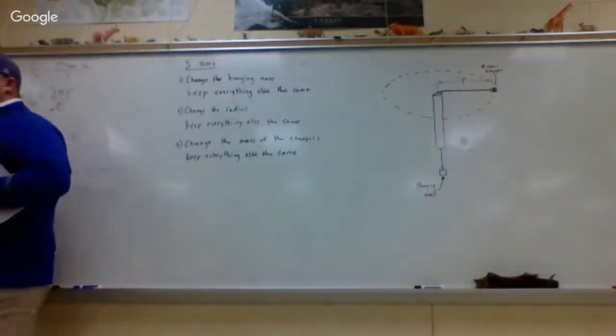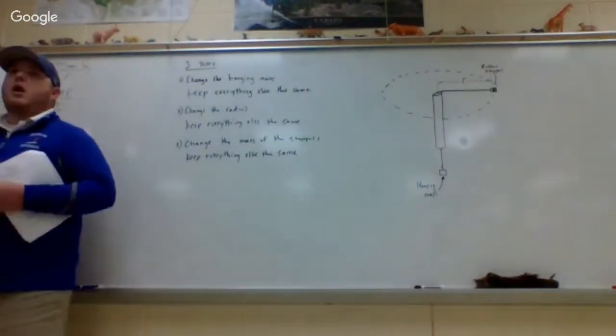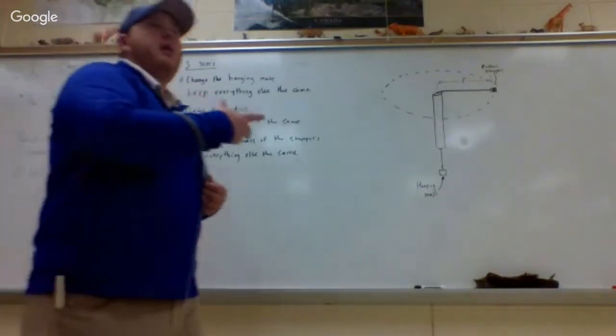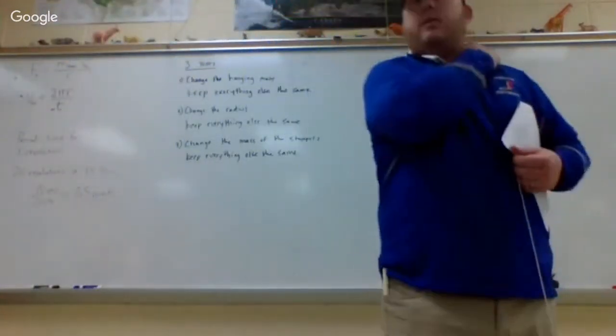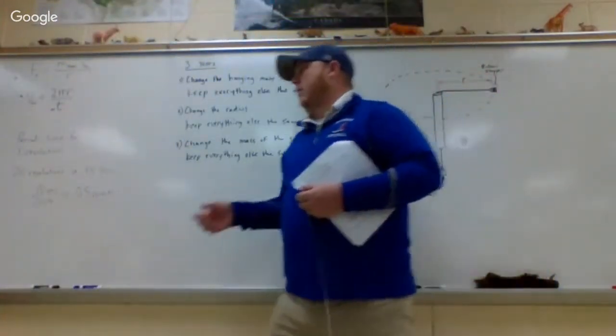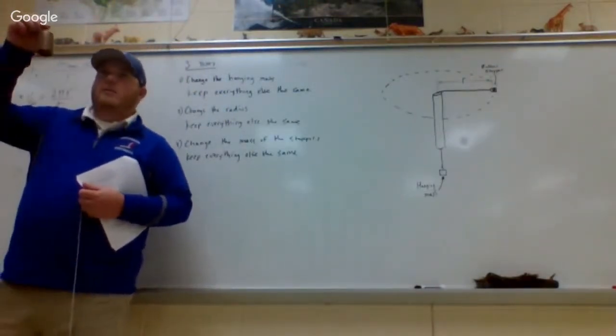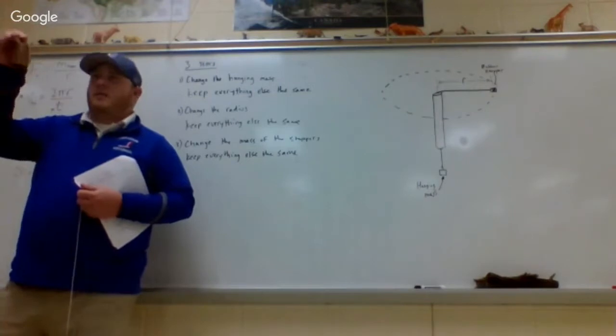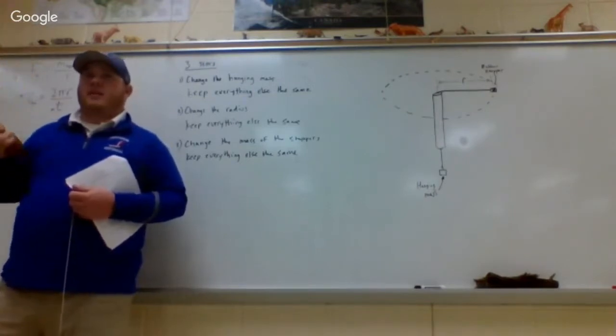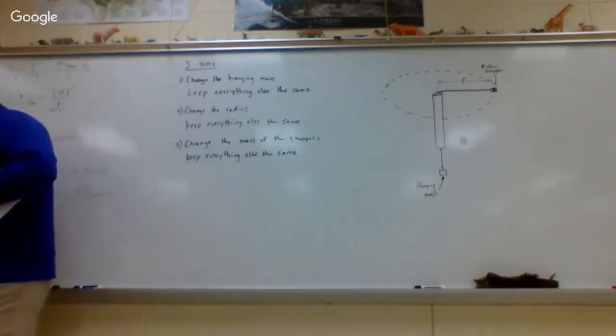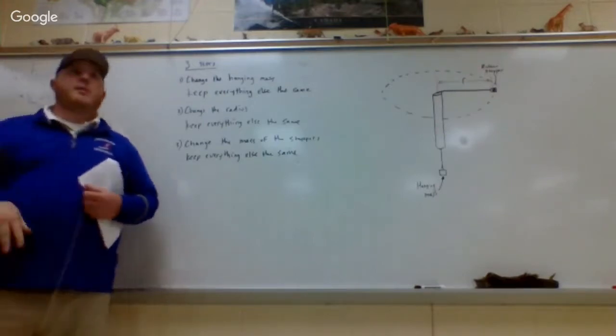You'll start off with 100 grams, and then you can go to 150 grams and 200 grams, and you can go to 50 grams. You're not going to be able to do it with 1,000 grams. It's too heavy. You won't be able to get it going fast enough. So stay kind of right in the middle.